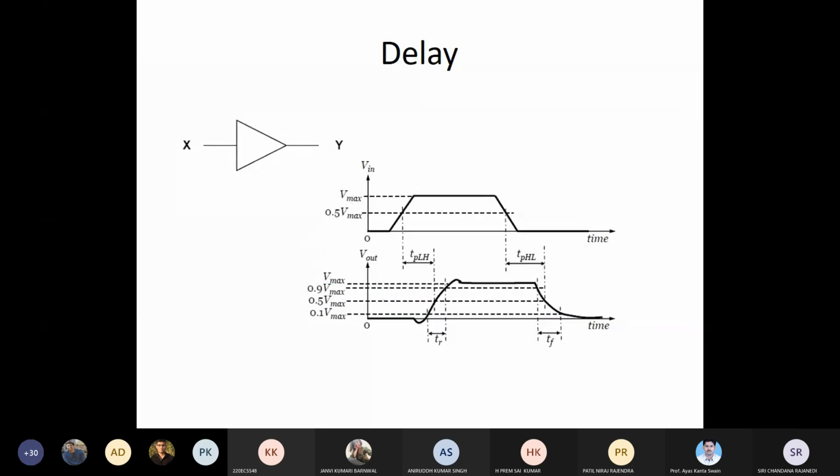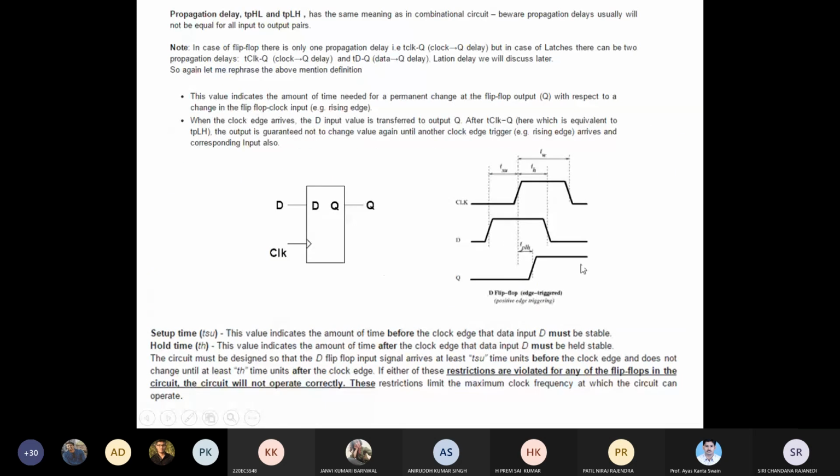If this is a buffer, TPLH is calculated with respect to the input at 50% and the output at 50%. But when it comes to a clocked circuit, it doesn't matter when D changes; the output changing from low to high, or the propagation delay, will be calculated depending upon the triggering of the clock. Here it is a positive edge triggered clock.